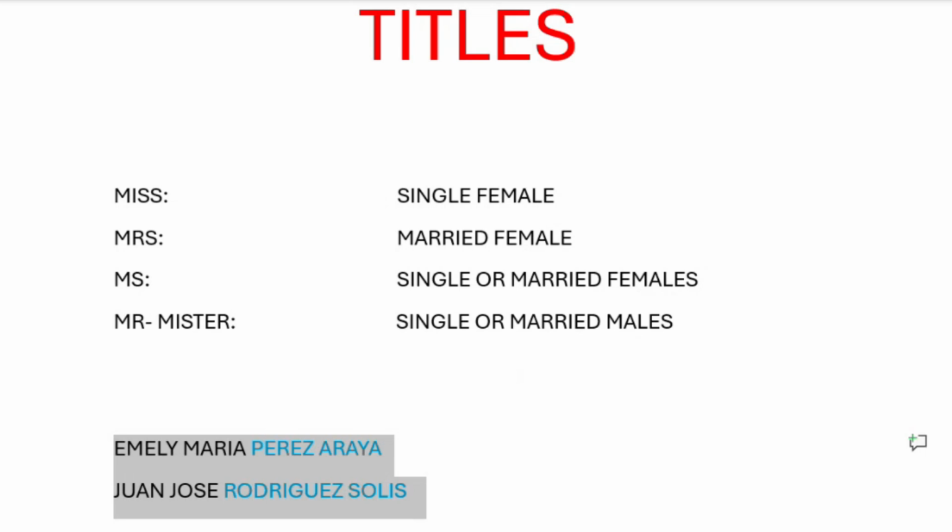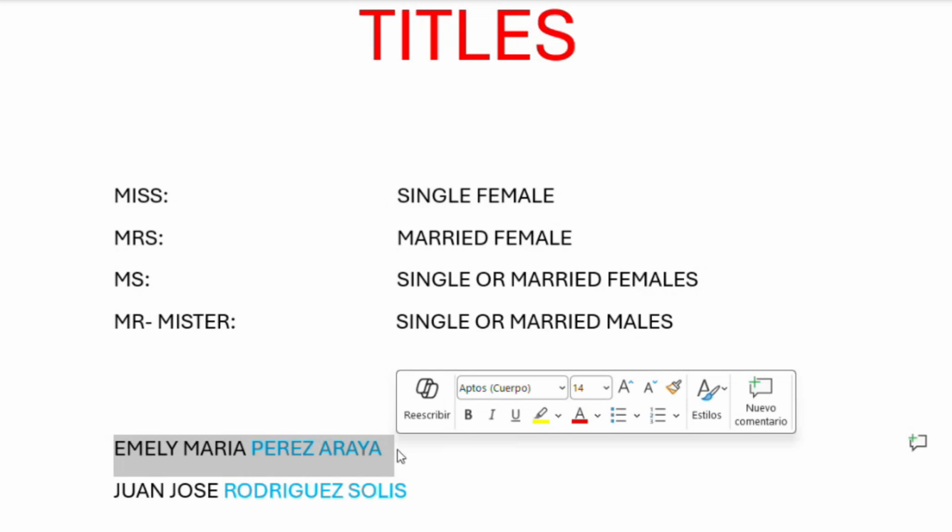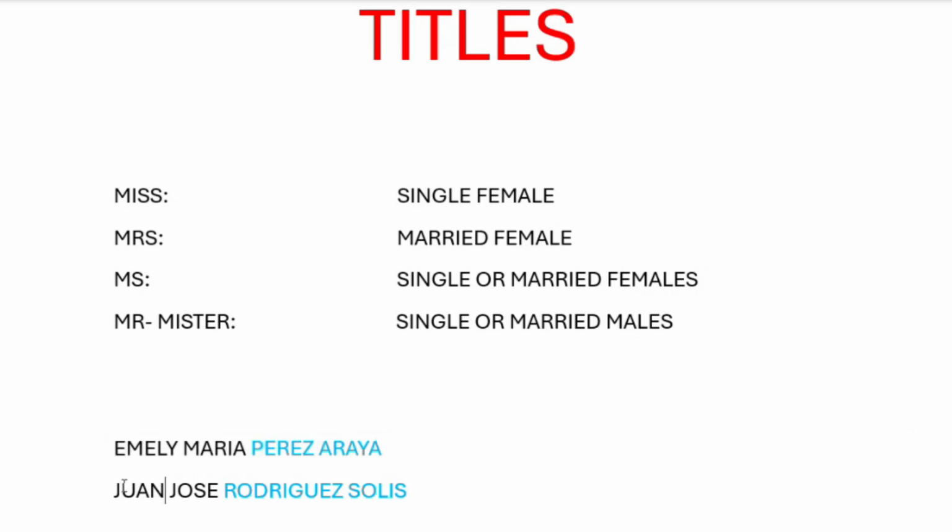They are only examples. So, Emily Maria Perez Araya. I don't know, Emily, if you exist, hello. And Juan Jose Rodriguez, hello, how are you? So, guys, I'm using your names as an example to use the titles, just for an educational purpose.